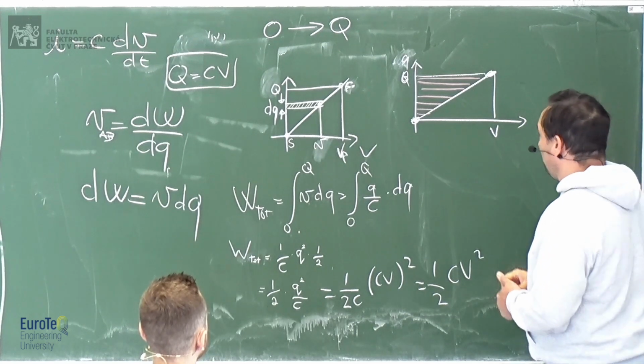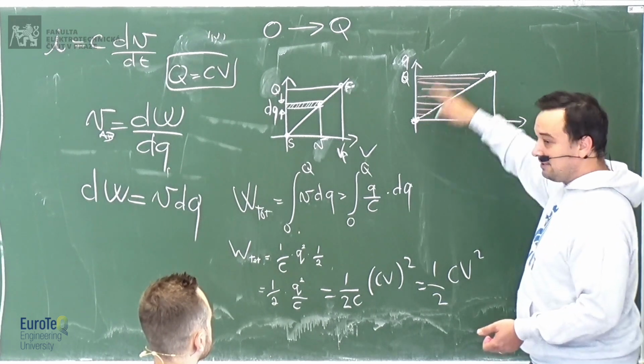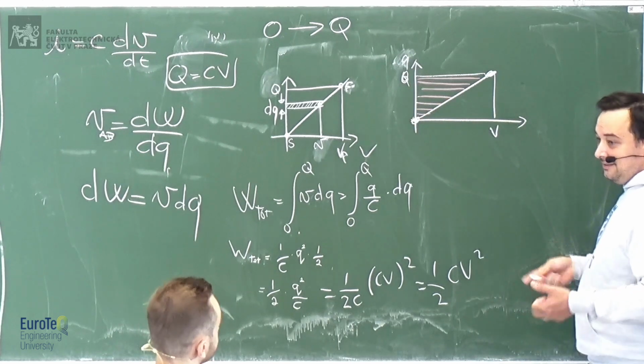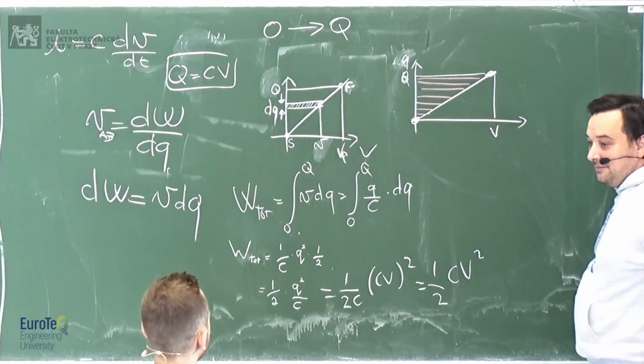That tells you that you can even calculate it, because here is the area of the triangle. So you have QV times 1 half. So again, you can calculate it without making the integral. You watch it from the figure, okay?